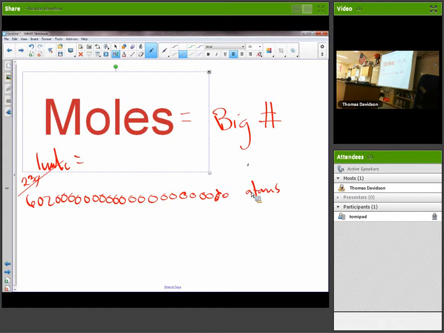So, instead of writing that big number, we just write the four-letter word M-O-L-E. You can put an S on it if you feel like it. It's America. So we're going to say moles. Moles is just a word, like a dozen. It just means a number.